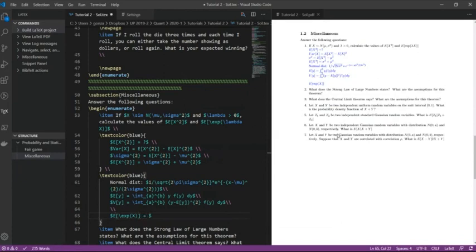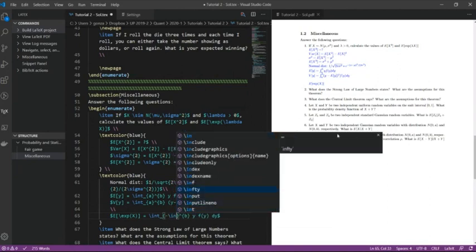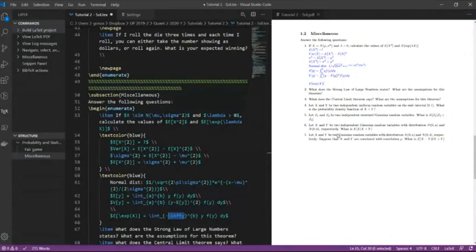Now, since we know how to calculate an expected value, just copy this and replace the lower bound for normal distribution, minus infinity, and the upper bound is infinity. Now, we said that wherever it goes inside of here is repeated over here, right?